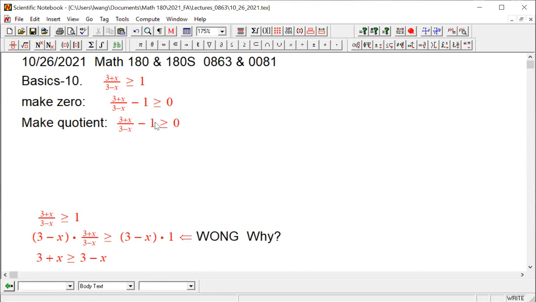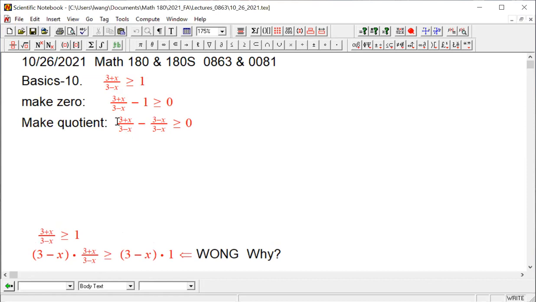We have to find a common denominator. Okay, I'm sorry, you have to do this. Basic skills. Make a quotient. This is not a quotient. This is a 2 quotient. You're going to make a 1 quotient. Because only after you make a 1 quotient can we use principle number 5 and number 6?